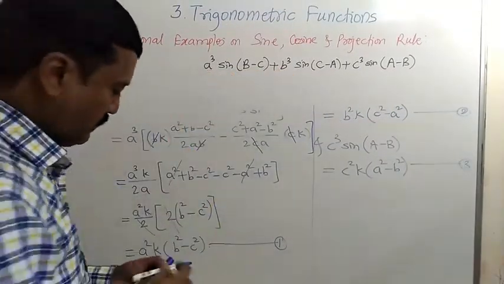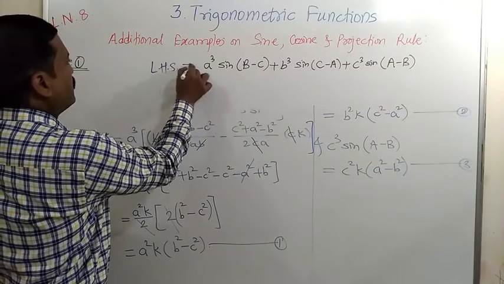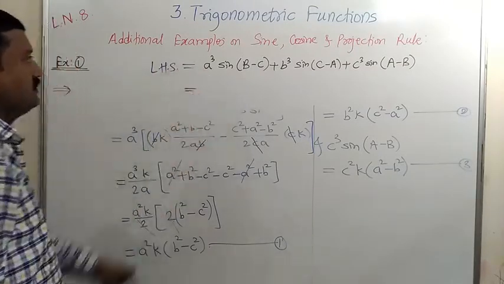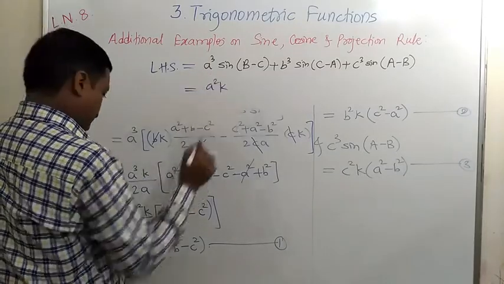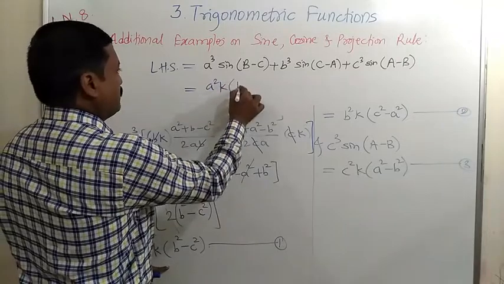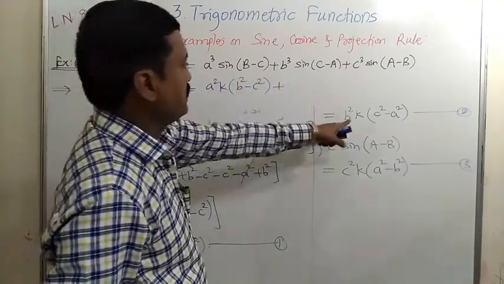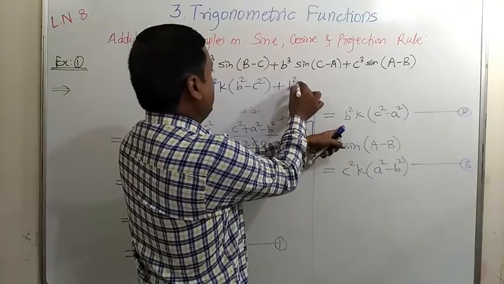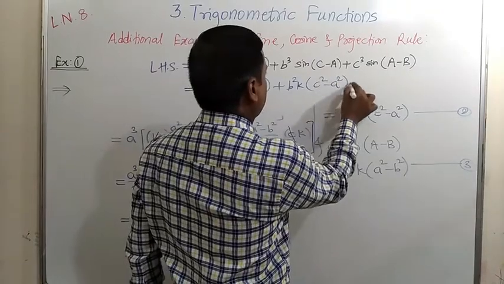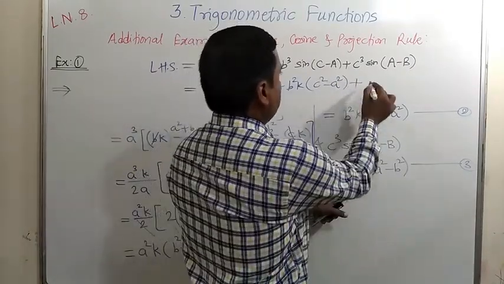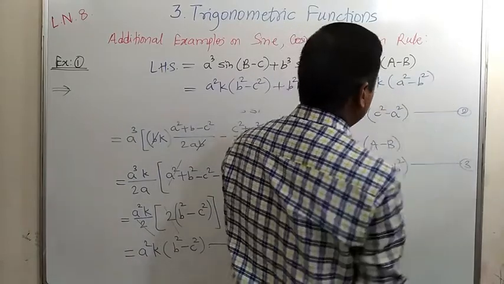Let us consider LHS equal to this, that is equal to A cube sine B minus C, which is A square K in bracket B square minus C square, plus B cube sine C minus A, which is B square K in bracket C square minus A square, plus the last one, plus C square K in bracket A square minus B square.